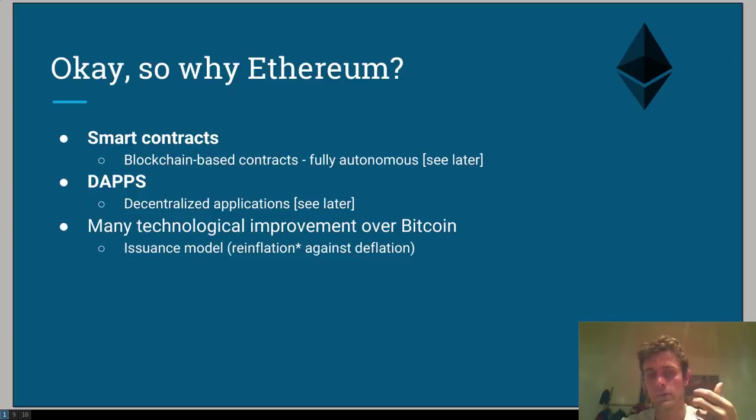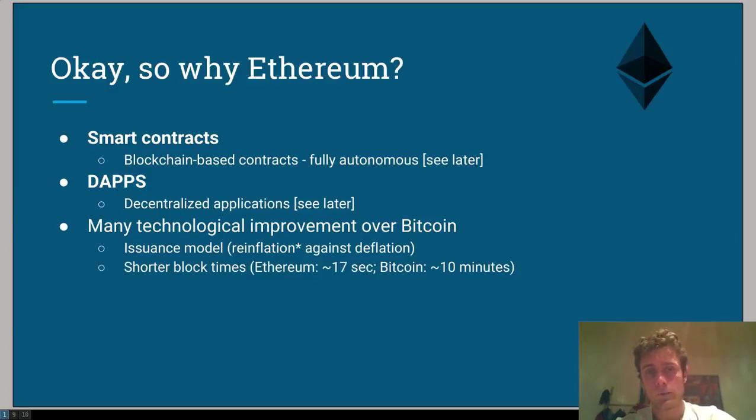So basically inflation would be almost zero. And that might be a better system, since it still creates incentives for miners to mine even in 100 years. But we'll see that this might not matter, since Ethereum is scheduled to switch to proof of stake, which is a very interesting invention as well.